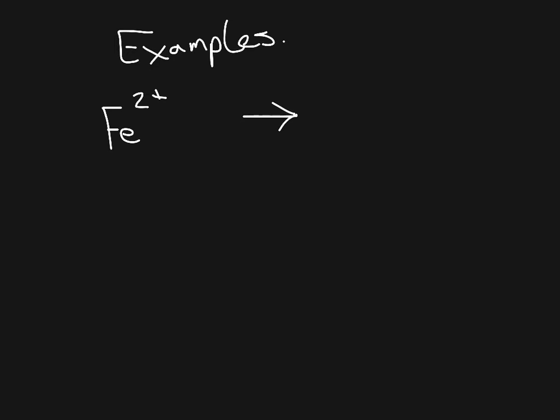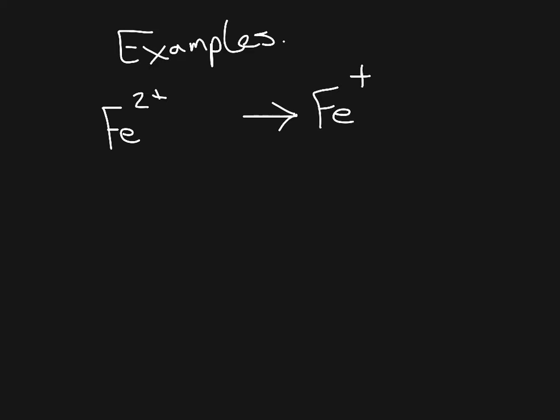Now let's take a couple of examples. Let's say we have iron 2+, and we are going to go to iron plus.